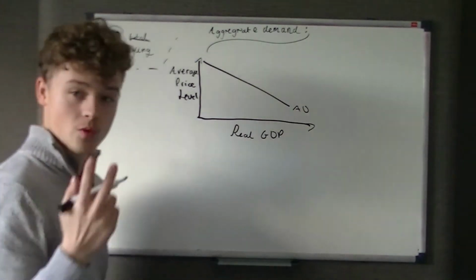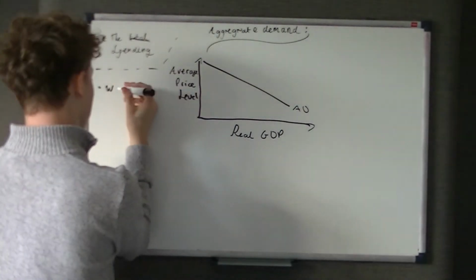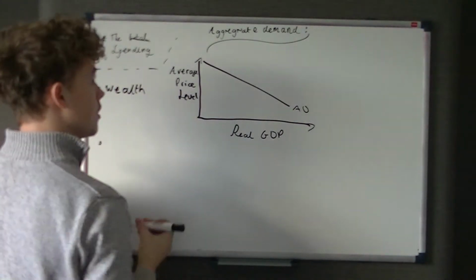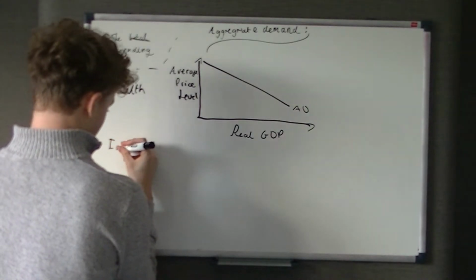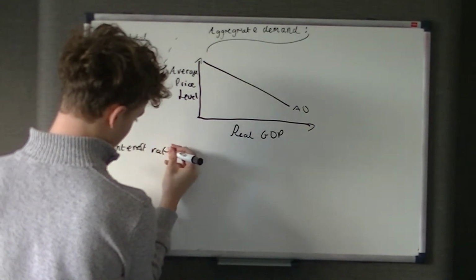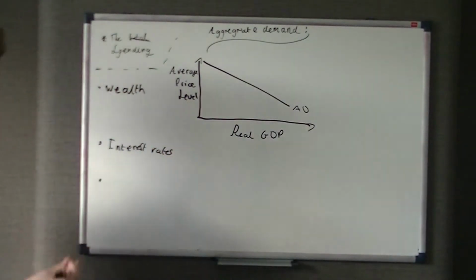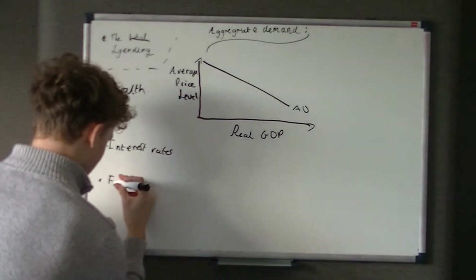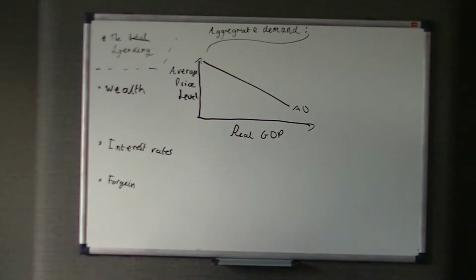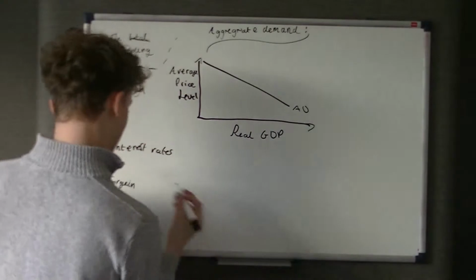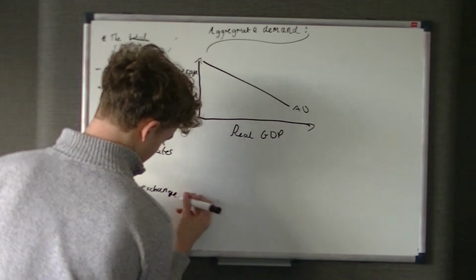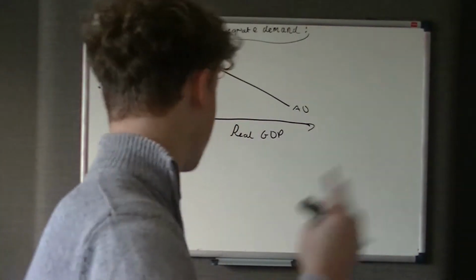We have three effects: the wealth effect, the interest rate effect, and finally the foreign exchange effect. Foreign exchange is like goods and services, imports, exports, that sort of thing.